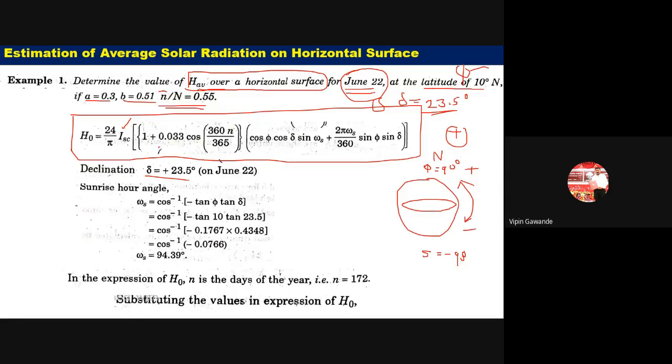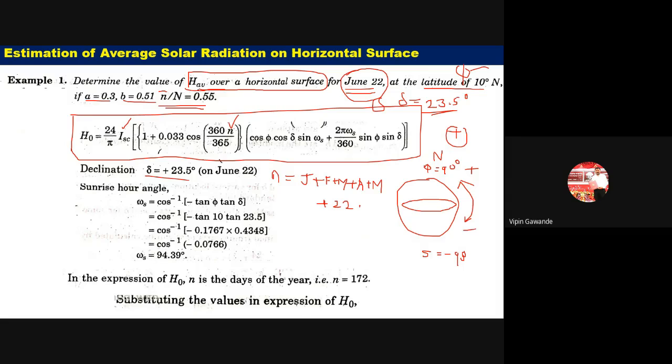Now we know 1 plus, for n, this is June 22, so we have to calculate the value of n. It is counted from January: January, then February, March, April, May, and afterward June 22.